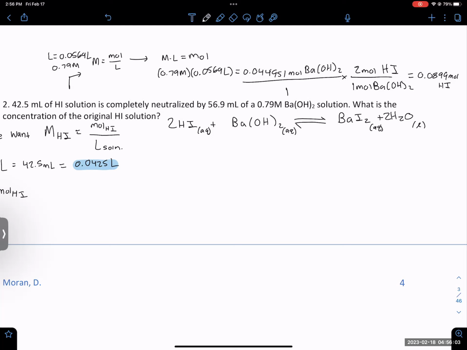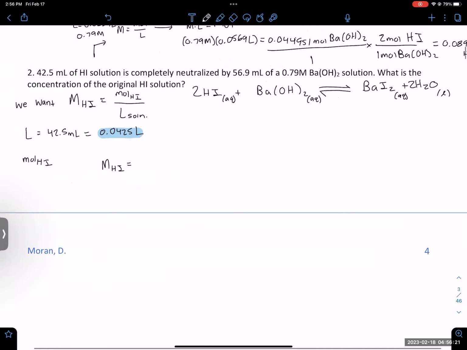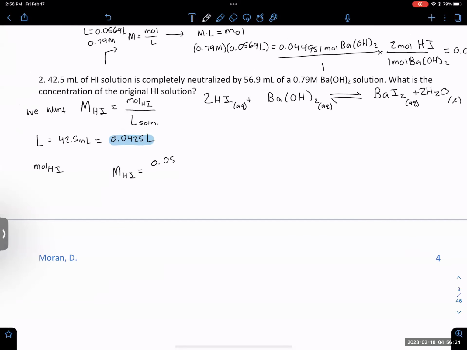So guess what we have? We had our missing component, which is our moles of HI. We are already given our liters of solution, so all we need to do is plug into this equation now. So molarity of HI equals 0.0899 moles of HI over 0.0425 liters.